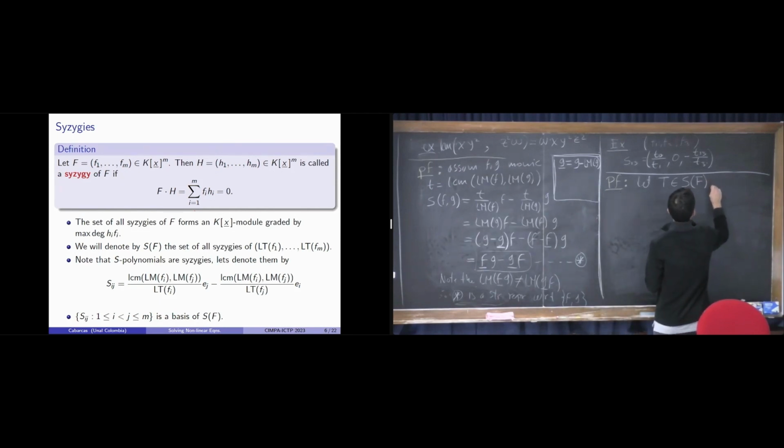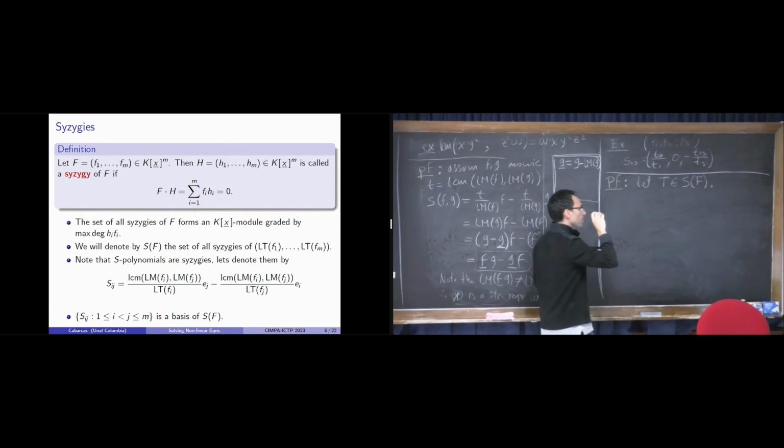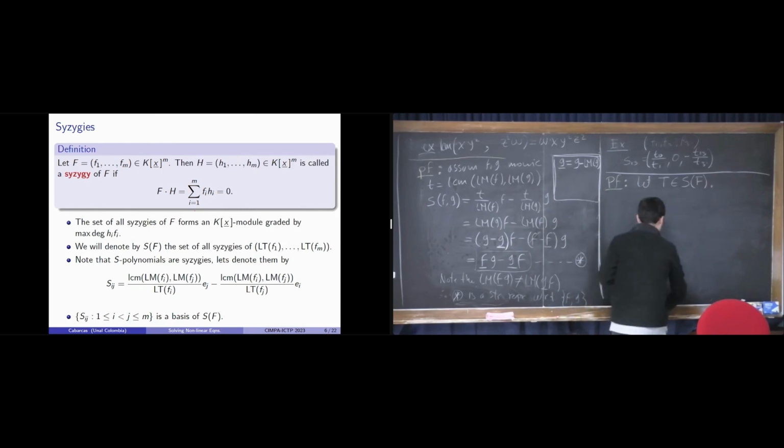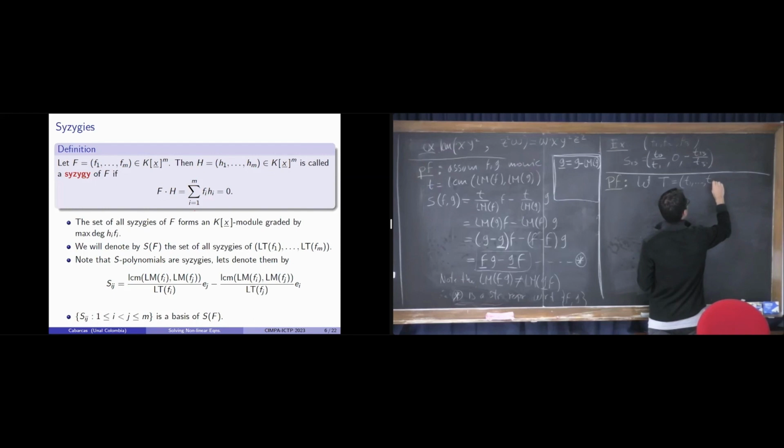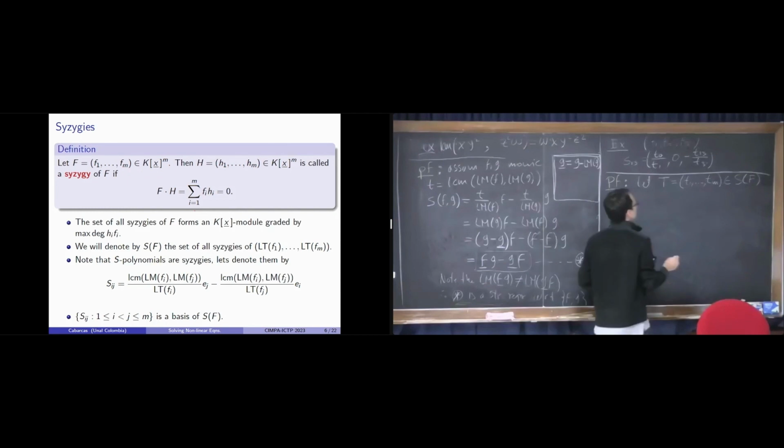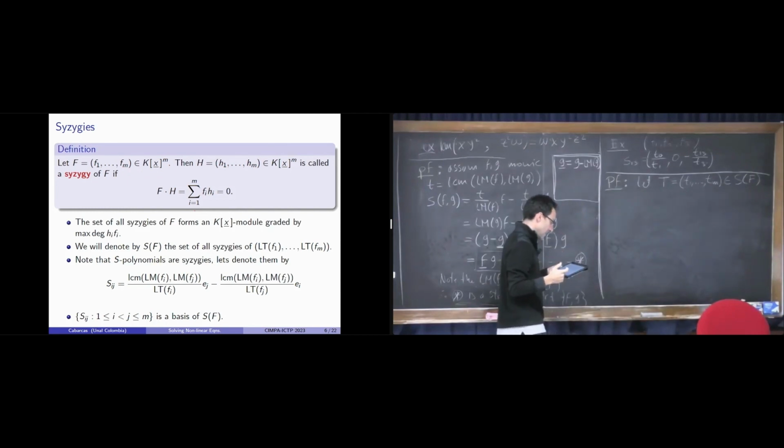Now, because there must be some cancellation happening, let's express its positions as T1 up to Tm.